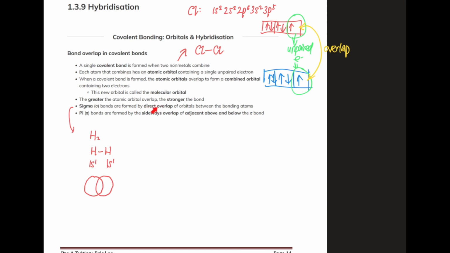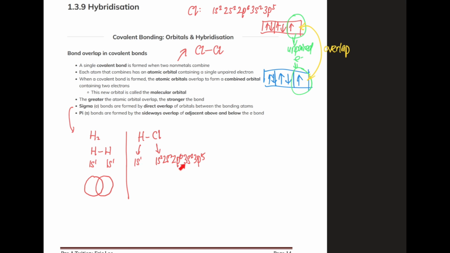This is direct overlap. Another example is HCl. This one is 1s1, this one is 1s2, 2s2, 2p6, 3s2, 3p5. So the Cl, like what we discussed, uses this orbital to overlap with the 1s1 orbital.